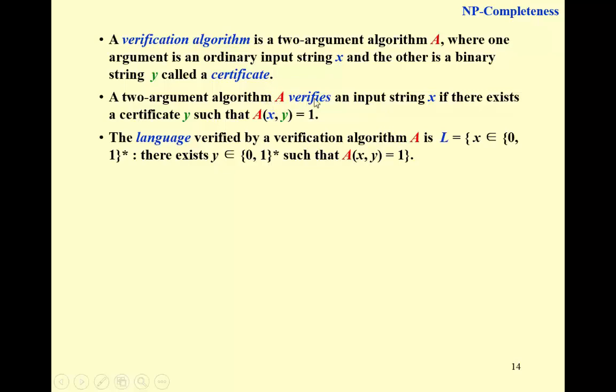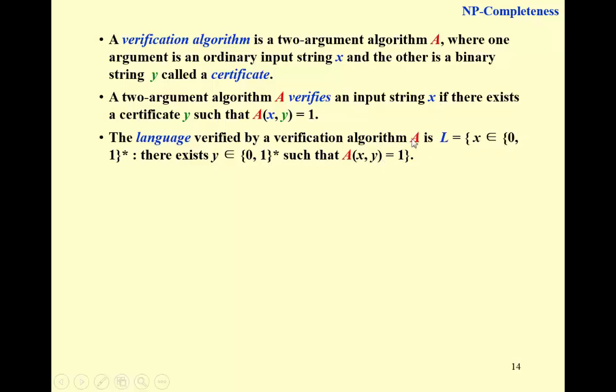We say A verifies X if there exists a certificate Y so that A of X and Y is equal to 1. And the language verified by a verification algorithm A is the language of all X such that there exists a Y such that A of X and Y is equal to 1.